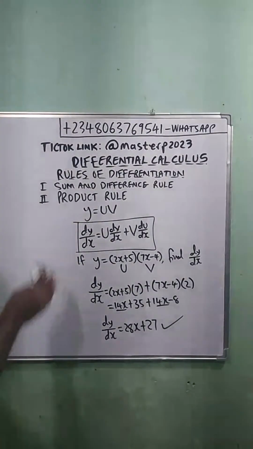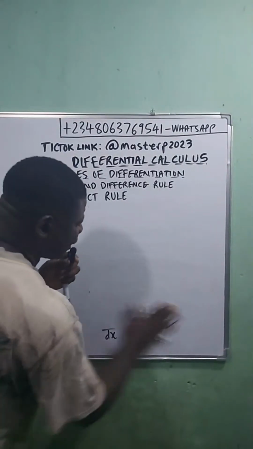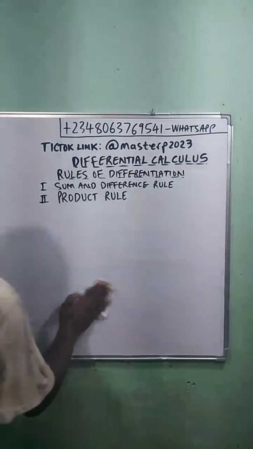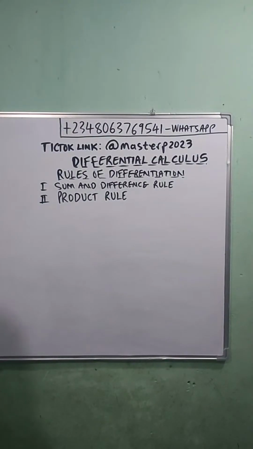So that is that. Then we'll go to the next rule of differentiation, which is quotient rule. That will be rule number 3, quotient rule.